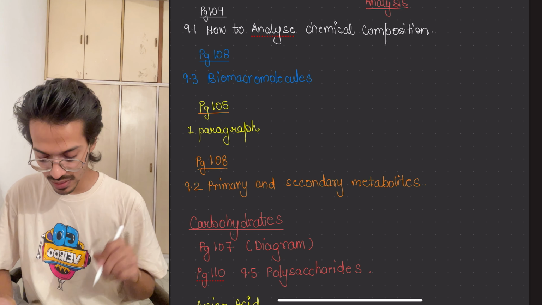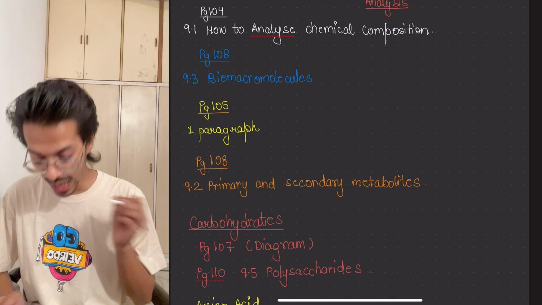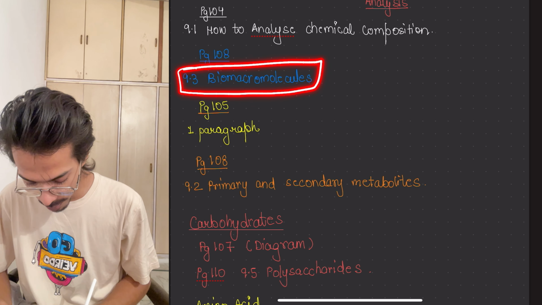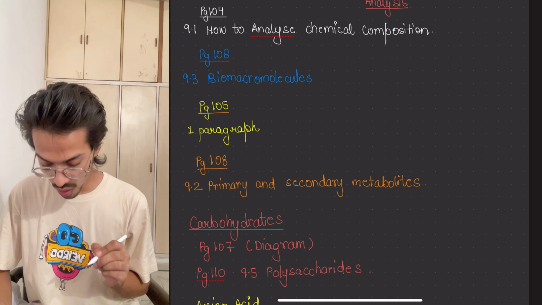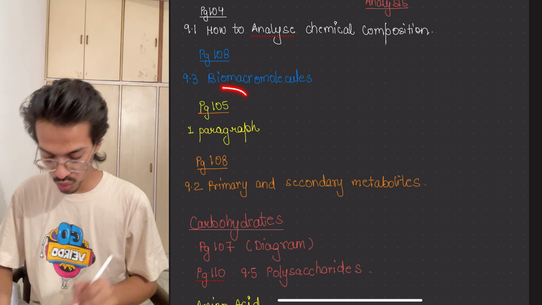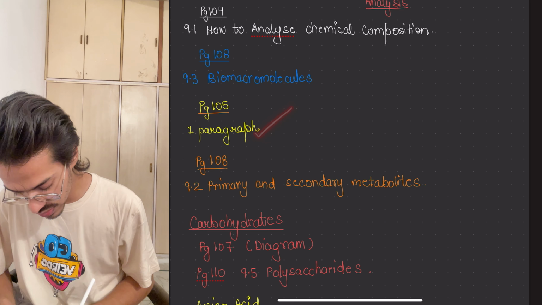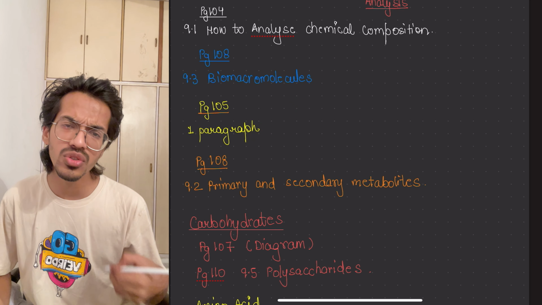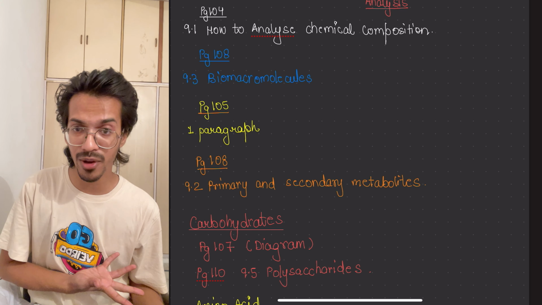Once you have done it, go to page number 108 and study topic 9.3, biomacromolecules, which is connected with it. Once you have done it, come back to page number 105 and study the first paragraph, which is talking about another method of analysis of the biomolecules.